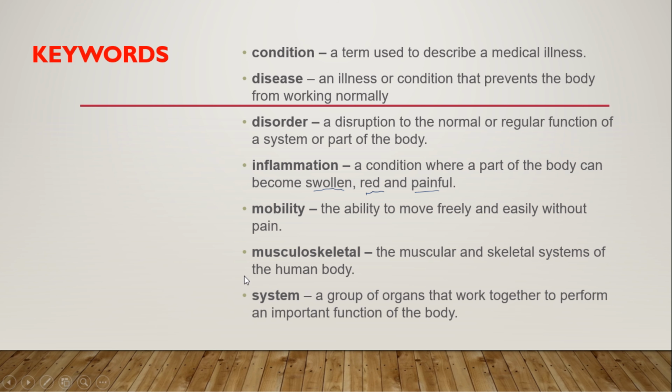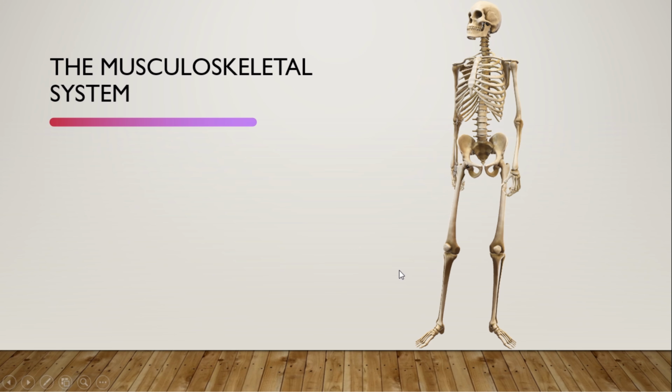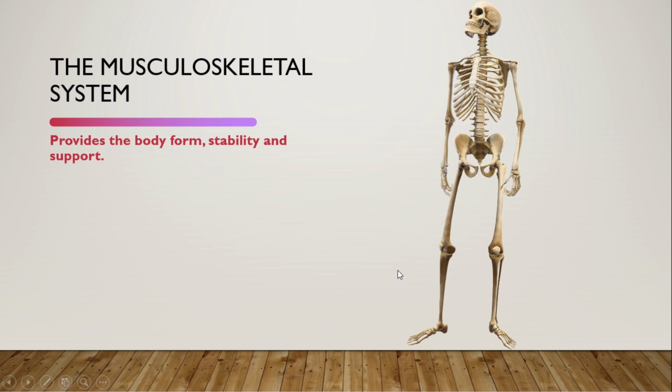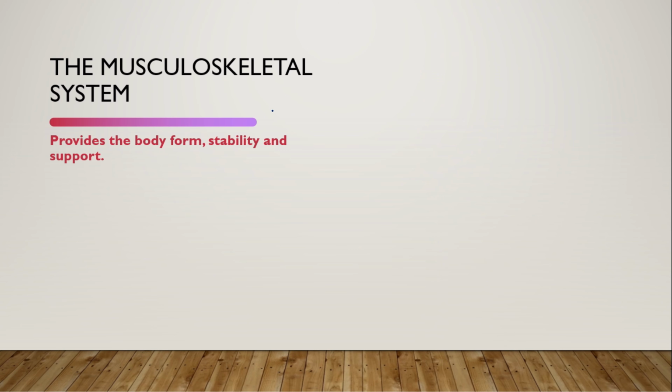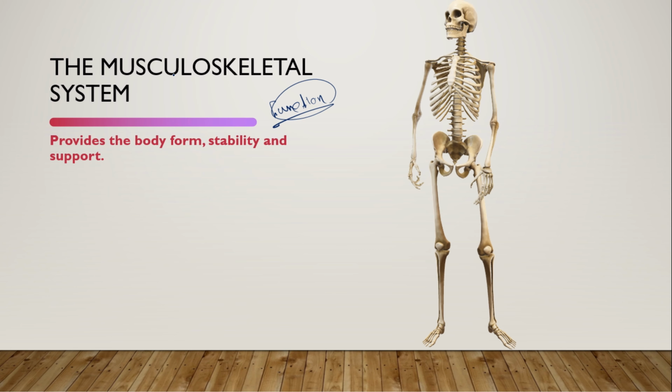We have system, a group of organs that work together to perform an important function of the body. The body is considered a system and the bike is considered a system. Okay, now we have the musculoskeletal system. What is the function of the musculoskeletal system? الفانكشن للmusculoskeletal system.